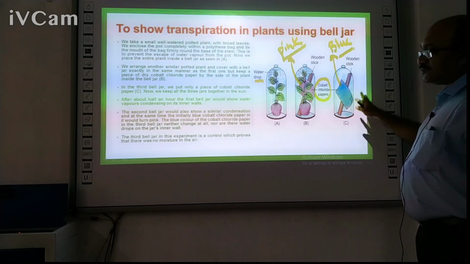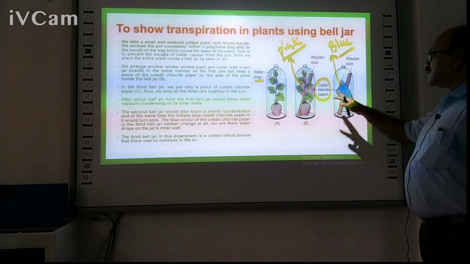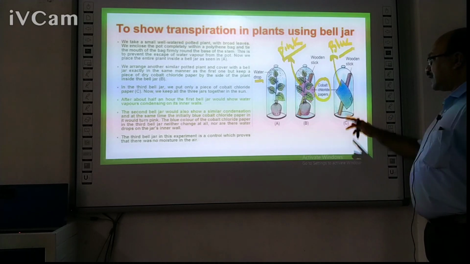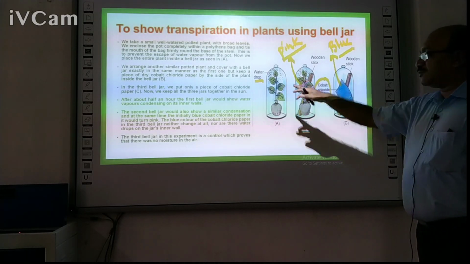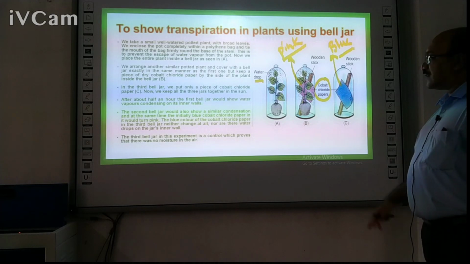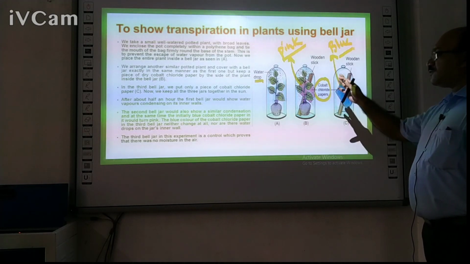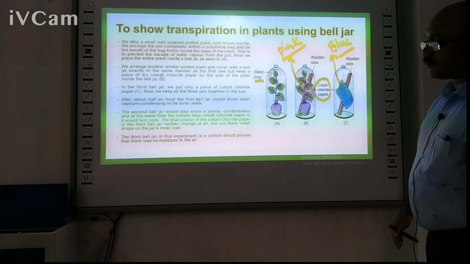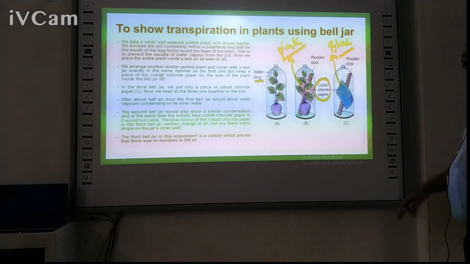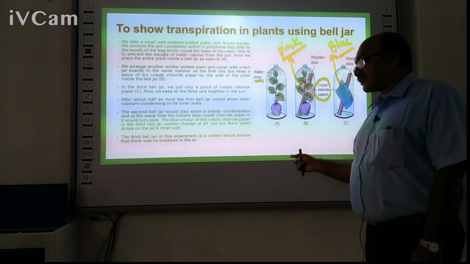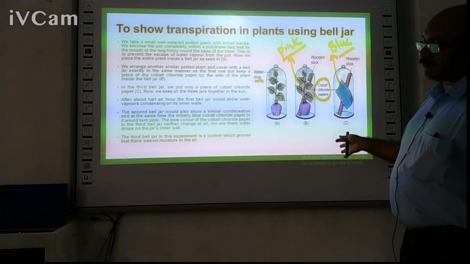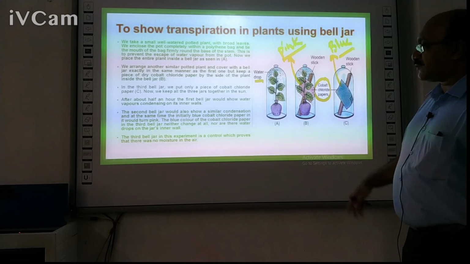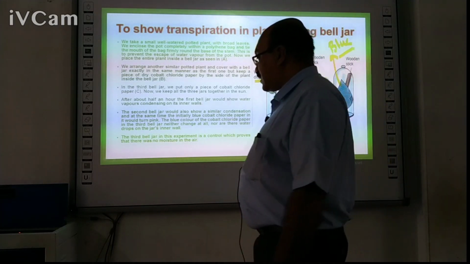This is used as a control to verify that the water accumulated in the first 2 setups did not come from the bell jar. So this experiment proves that plants give out water in the form of water vapor from the aerial parts, that is the leaves, and that is what we call transpiration.